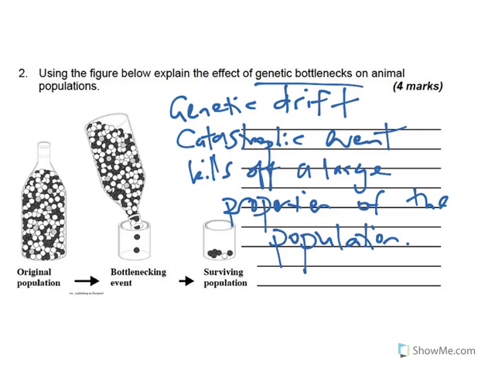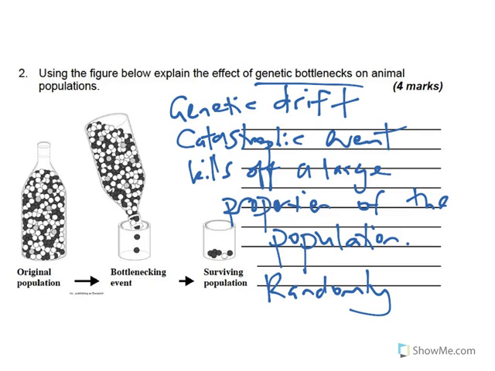Okay, so it could be non-random, but we typically tend to think of these catastrophes as being perhaps a climate change or a fire or some sort of drastic event that sort of randomly kills off the majority of your population. So if the population is killed off randomly, it's as if we're passing all of these balls in this bottle through a bottleneck and taking just a random sample of what comes out.